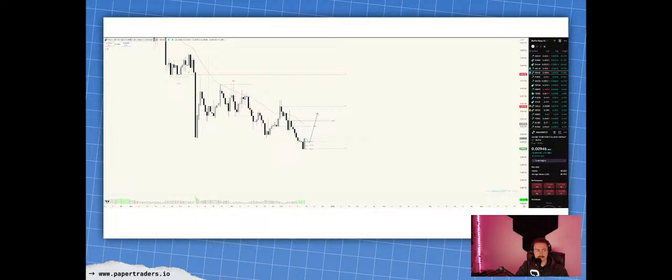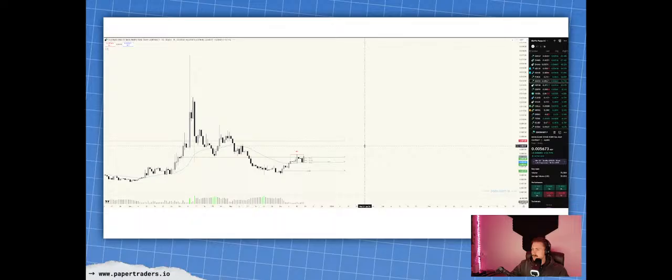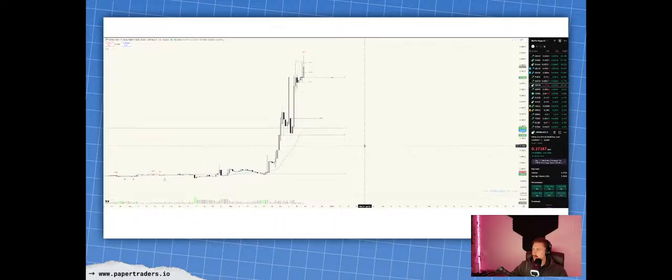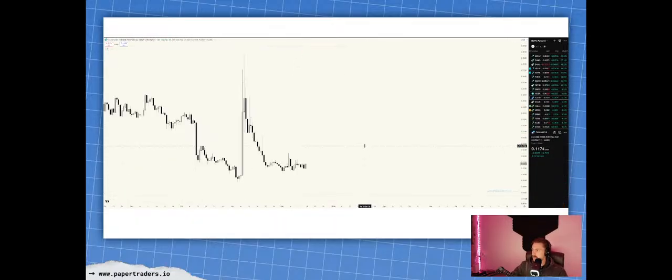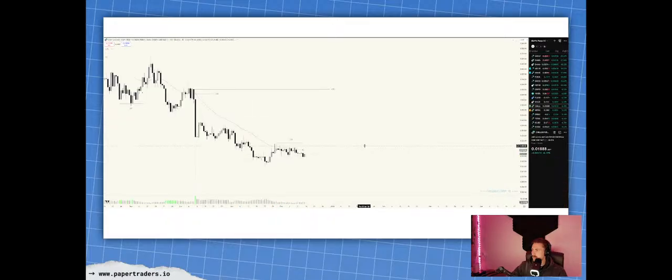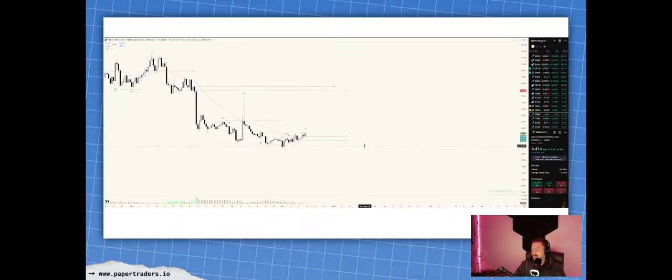Still holding above the CISD. C form. DUDE, yeah, that one is looking good. Flux, I'm looking at that hard.